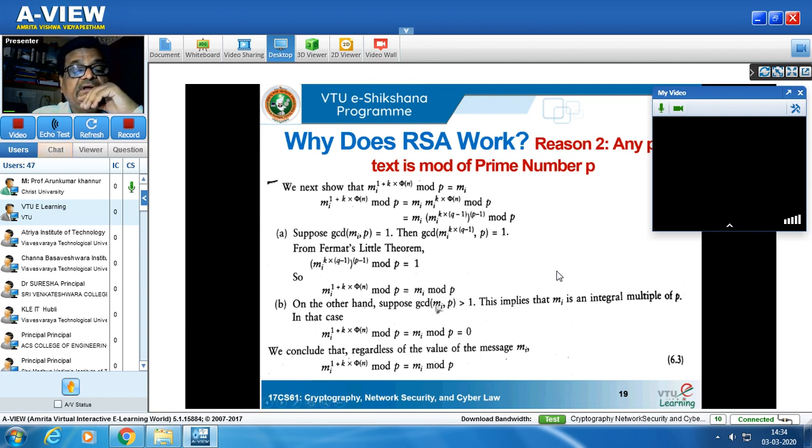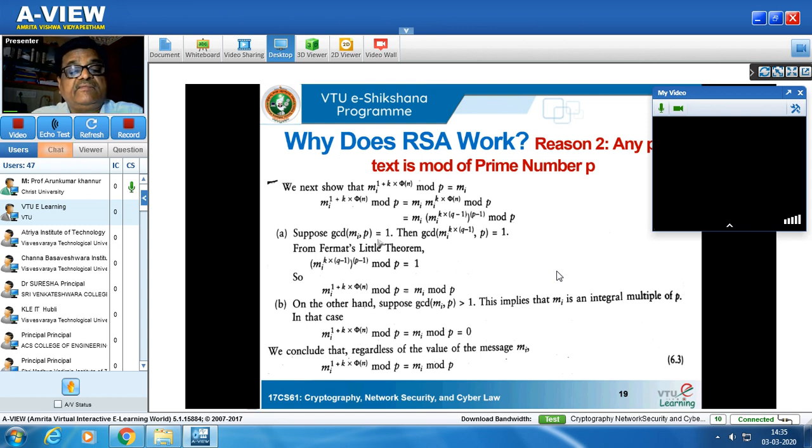Now we shall consider two important aspects here. Suppose GCD of mi comma p equals 1, that is the message block i comma prime.